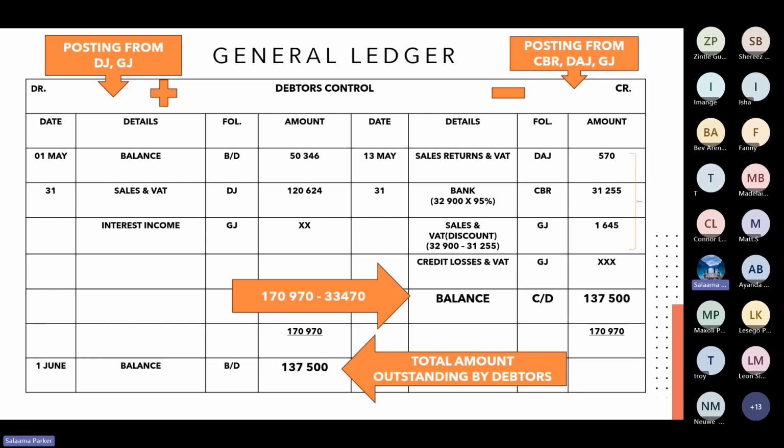For credit losses, total of debtors written off as irrecoverable that I posted from my general journal. You must be able to know what the transaction means to the business. This is money that the debtors have paid on their account, and you are recording this from your cash book receipts. We can ask all these types of questions in a different way, just to see whether you understand what you are doing.